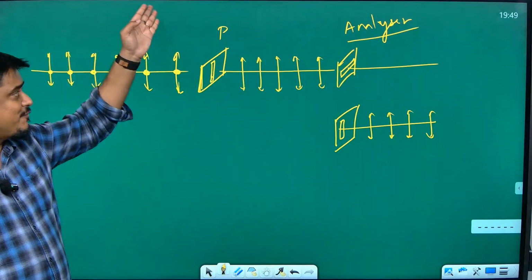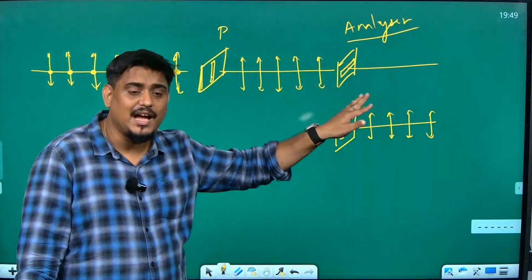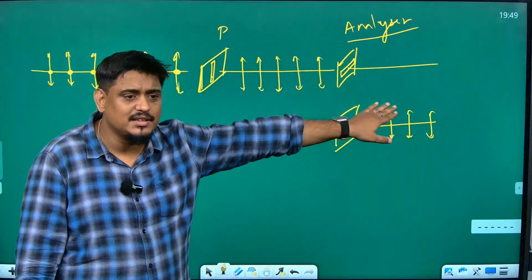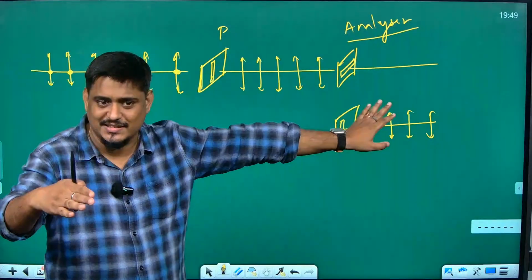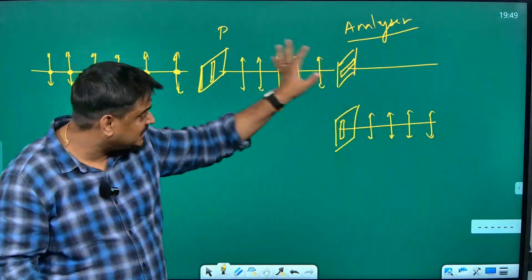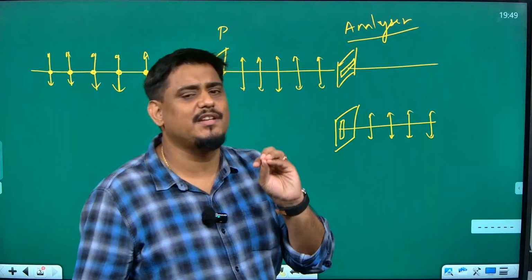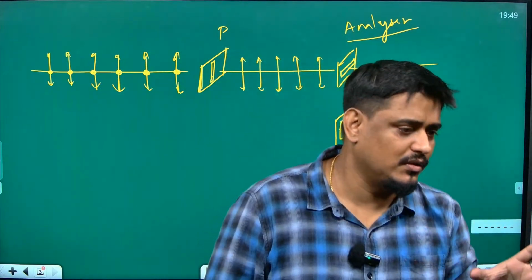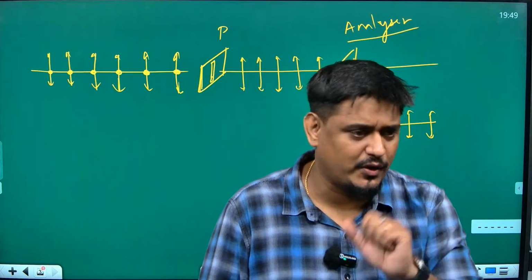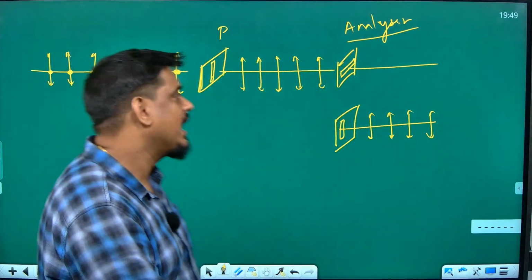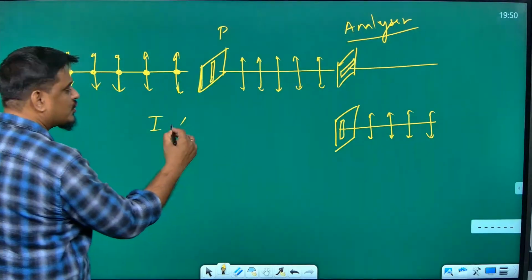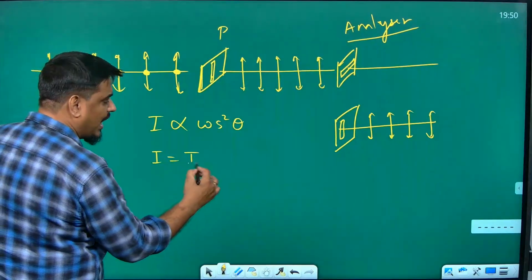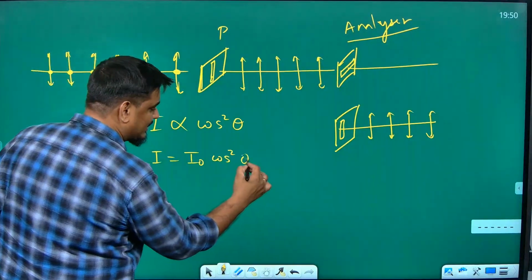Whereas, if polarizer and analyzer are perpendicular to each other, the intensity of the light becomes zero after it passes through the analyzer. Are you able to feel that? This was given by a scientist, his name was Malus. So the law is called Malus's law. I don't know if it is there in NCERT or not, but Malus's law says that I is proportional to cos square theta.